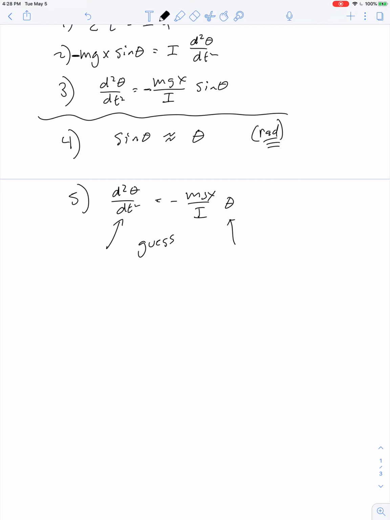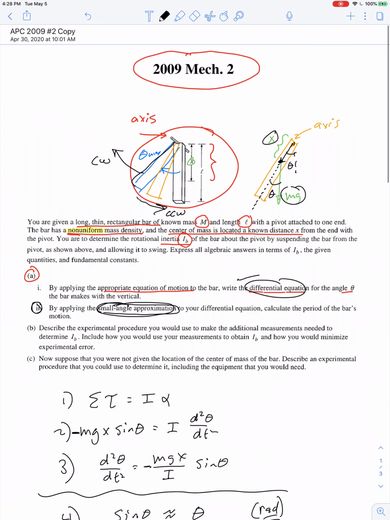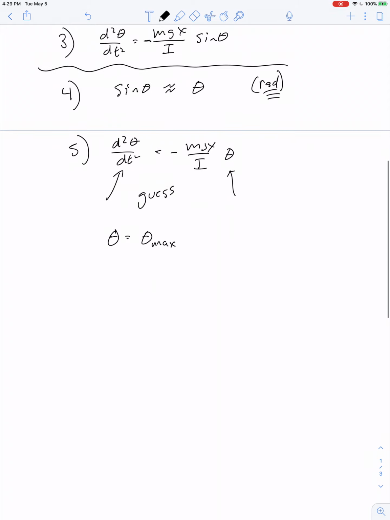So if we guess that the angle equals whatever maximum angle you set by pulling it back to this position, the angle at any instant in time equals the maximum angle times cosine of omega t. So there's our guess. Now let's see if it's correct. We'll take the first derivative. This would give us negative omega theta max times sine omega t.